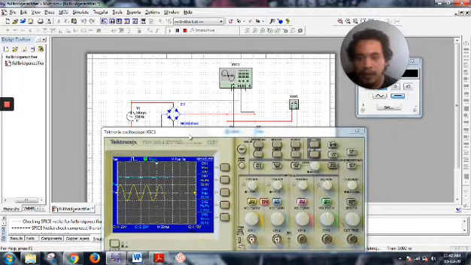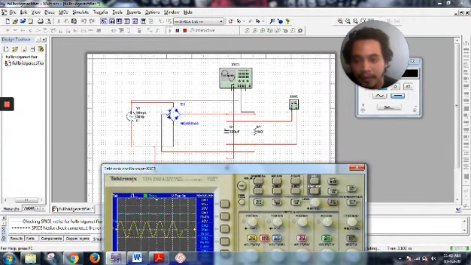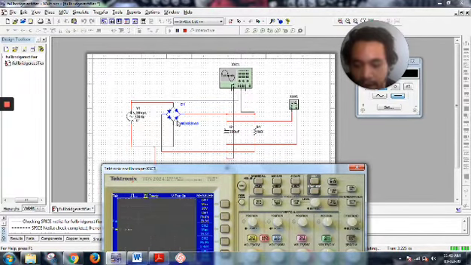Because each time the current goes through D1 and D2, there's a 0.7 volt loss. The same goes with D4 and D3, there's a 0.7 volt loss here.